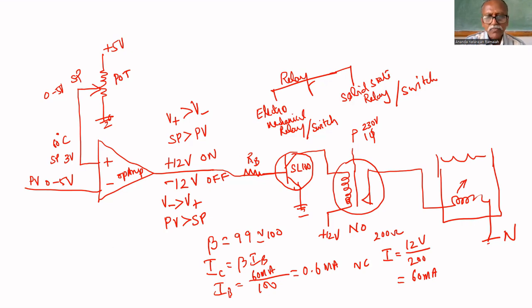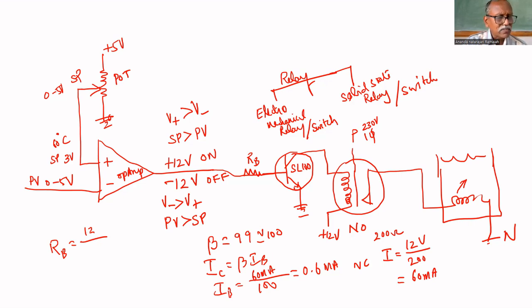So to get 0.6 milliampere, 12 volt is there, and the other end of the emitter is grounded. Therefore, RB equals 12 divided by 0.6 milliampere. Let us ignore the 0.7 volt drop across the base-emitter junction.